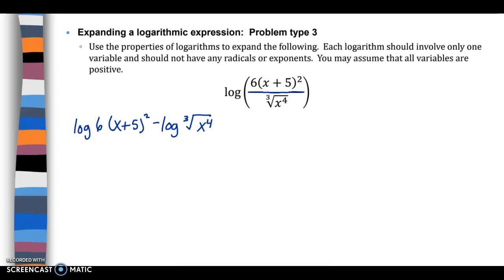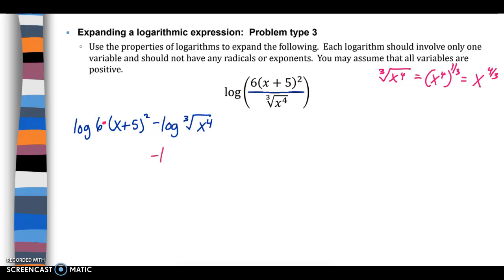Now I also see I have a product here, and then the cube root of x to the fourth can be rewritten as x to the fourth all to the 1/3 power. So when we have an exponent raised to an exponent, we multiply the exponents together and get x to the 4/3.